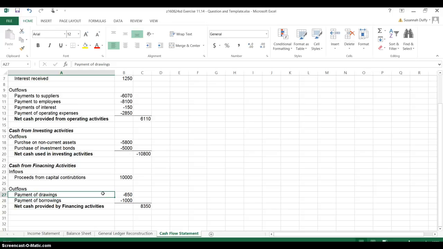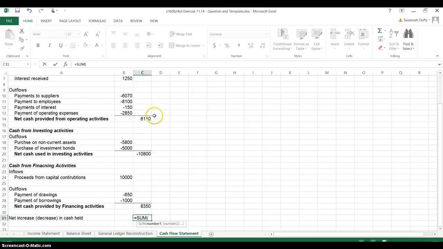So step 4 is where we record the increase or decrease for the year, add the opening balance to find our new closing balance. So you'll have net increase or decrease in cash held. Which is simply the sum of those three figures from each activity.